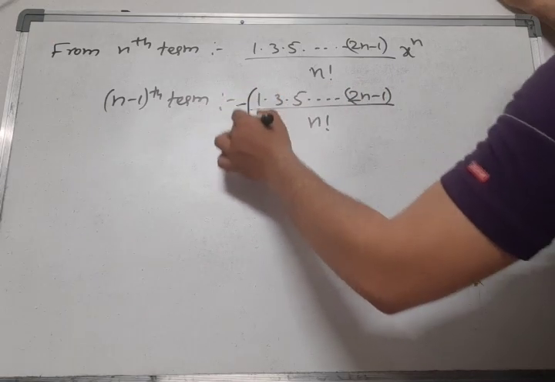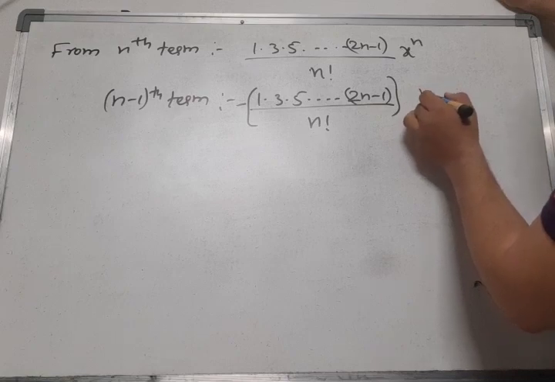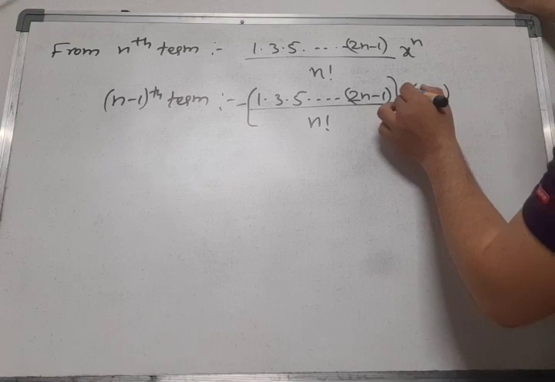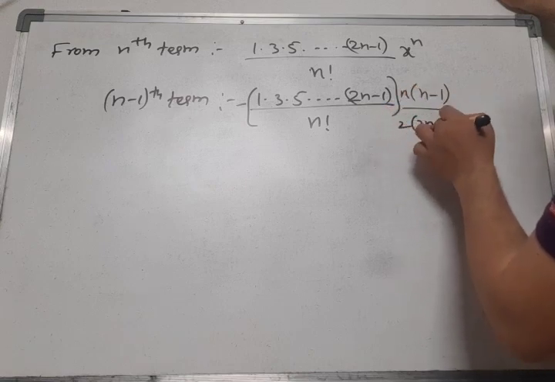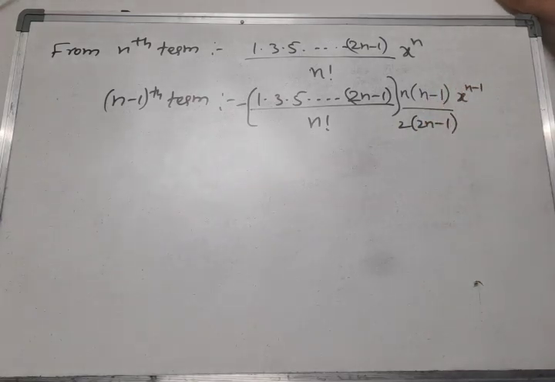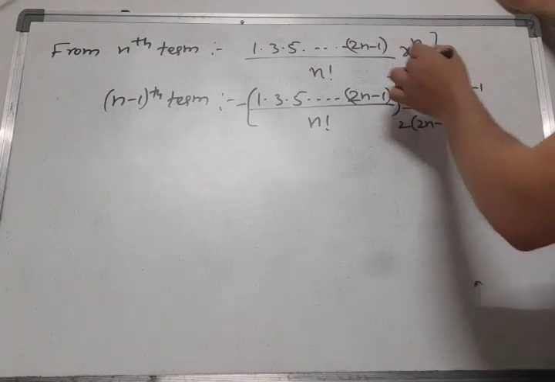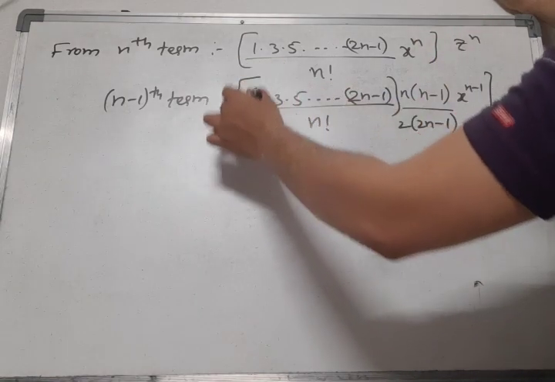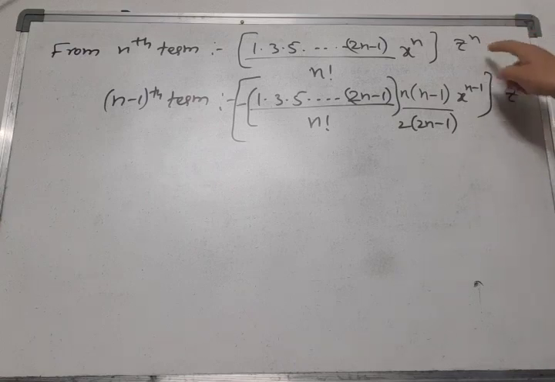This is a minus sign before this, minus into n into n minus 1 by 2 into 2n minus 1 and x to the power of n minus 1. This one we got, into z to the power of n. This is the coefficient of z to the power of n, and this is also the coefficient of z to the power of n. Both are the coefficient of z to the power of n.